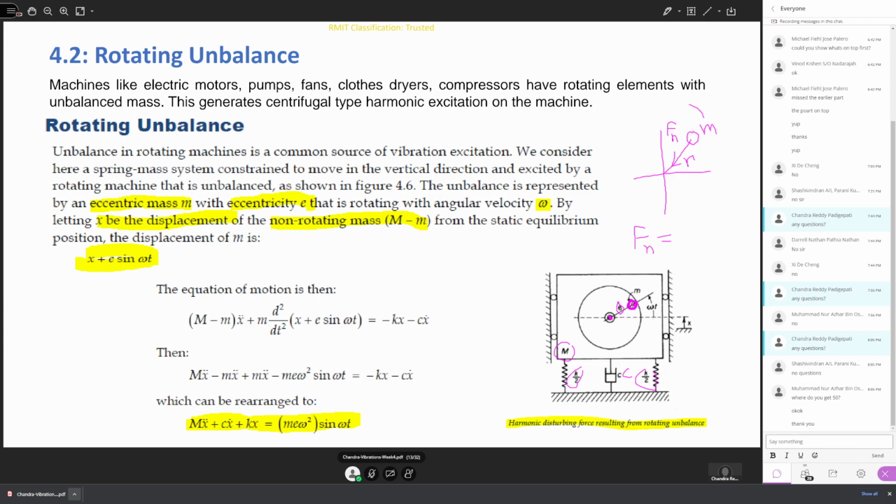Let us say the mass is rotating with angular velocity omega. What is the expression for the force?